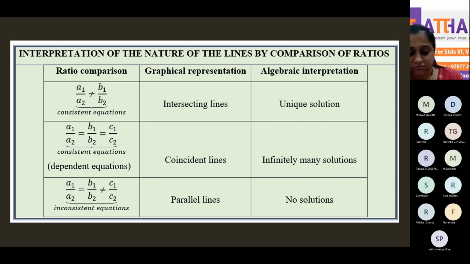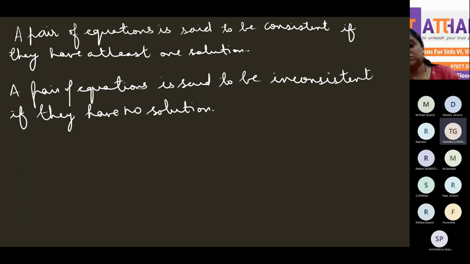We've already discussed this, but the other day I forgot to talk about consistent equations and inconsistent equations. Got it, children? Yes, ma'am. You can make a note of it.